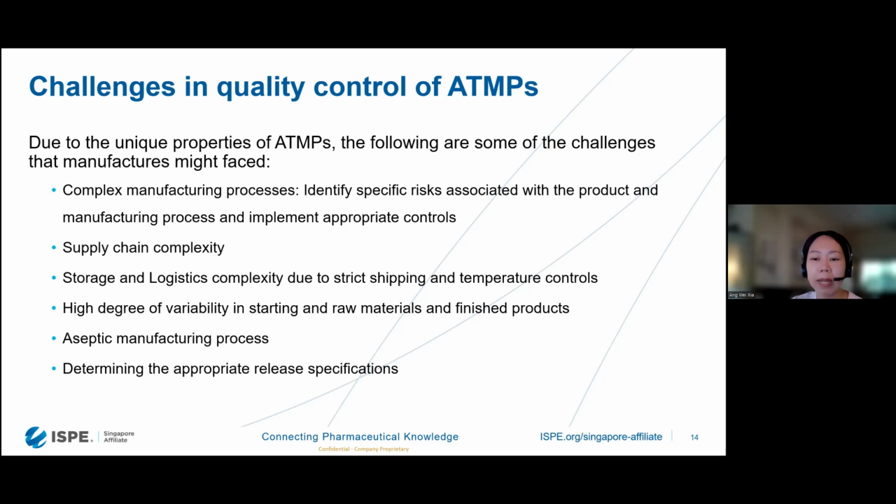Most ATMPs are patient-personalized medicines, and the complexity of their supply chain is unique and involves various parties, including hospitals to procure the patient's or donor cells, and couriers to transport from procurement sites to manufacturing sites to testing labs and administration sites.